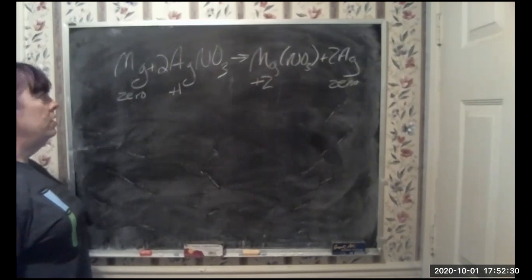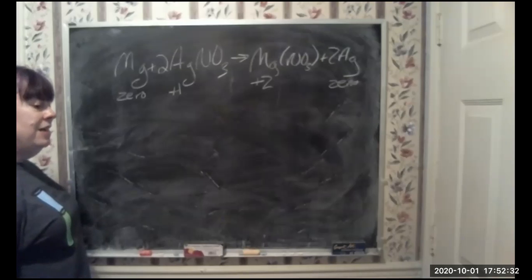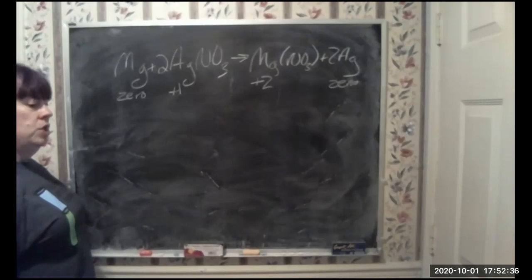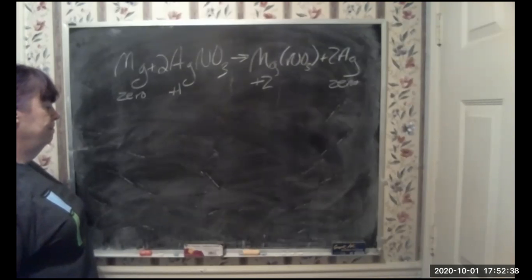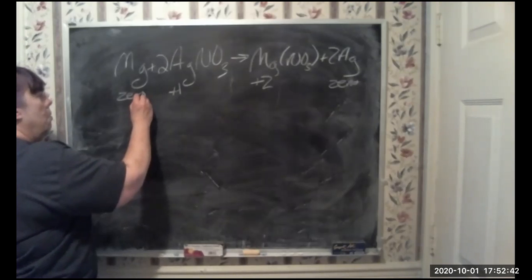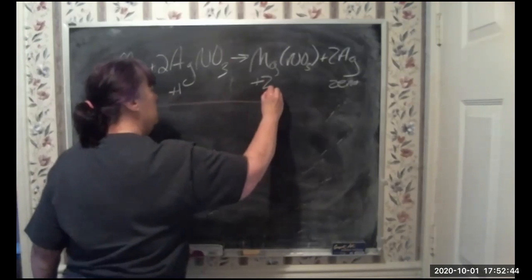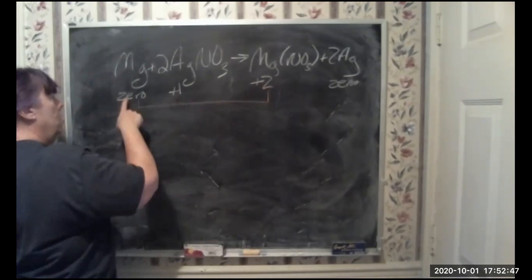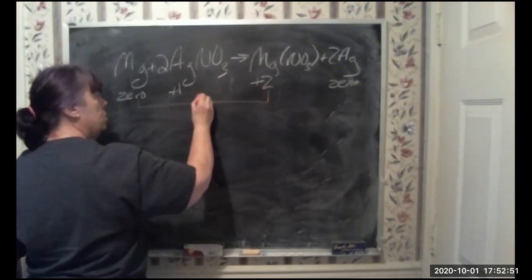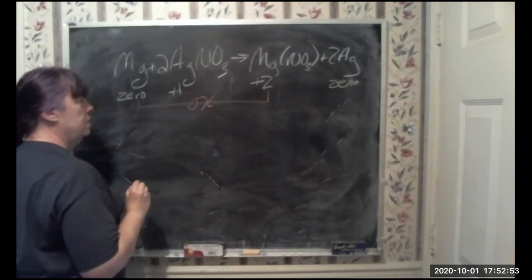Sometimes you have elements that did nothing. The nitrogen did nothing, the oxygen did nothing, they just hung out and swam around in the solution. If I look at my changes though, my magnesium went up from 0 to +2. So it's the one that got oxidized.